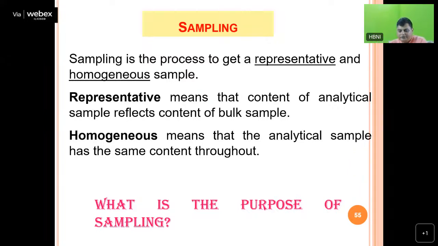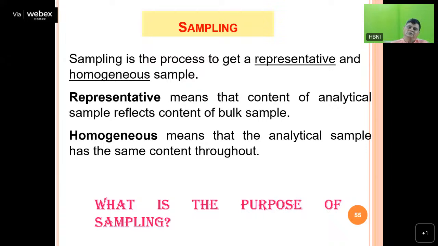So these are the two very, very important terms which we consider in the case of a representative sample and a homogeneous sample. Suppose any of you are doing work in the area of environment, then it's very important to take a representative sample. In environment, for example, I am looking at the Mumbai region, and I say that the concentration of copper in Mumbai soil is some X microgram per gram.